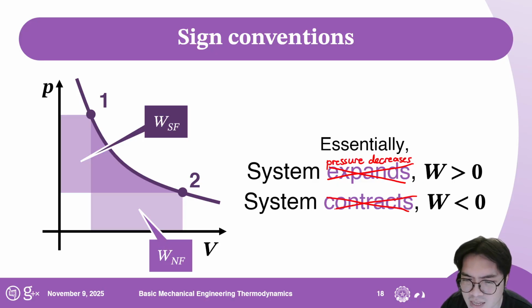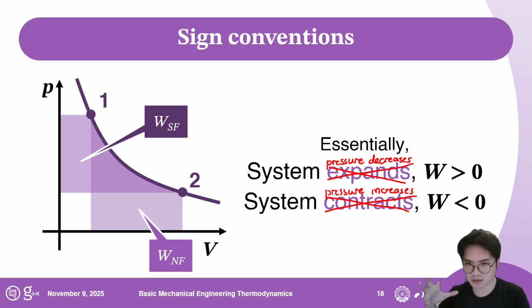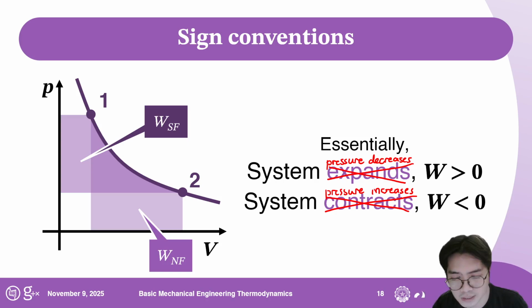And contracts, I mean, it's kind of the same thing. When your system pressure increases, that is when your work is negative. Because, essentially, you've compressed the system. You have done some work to compress the system, us from the outside of the system.